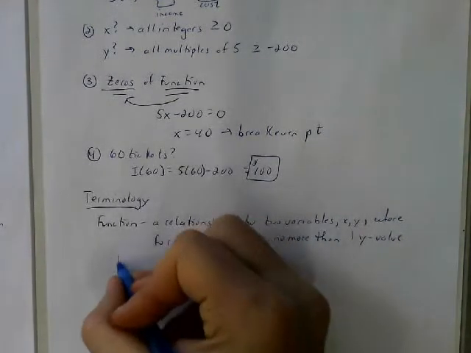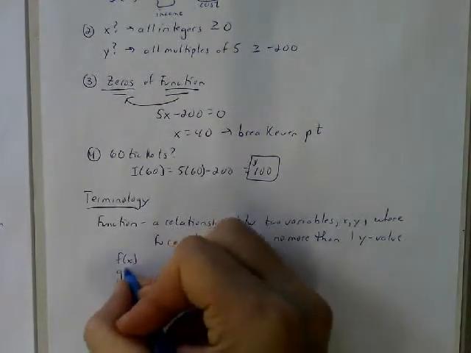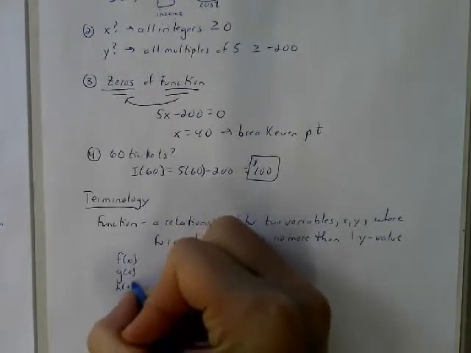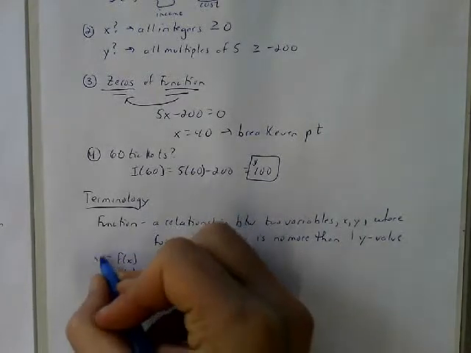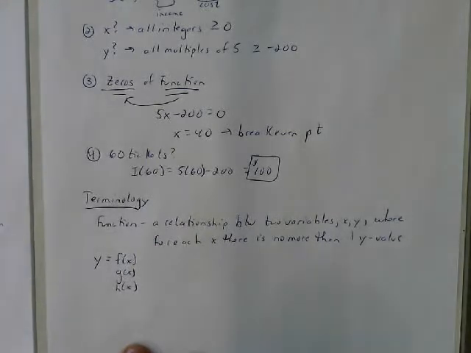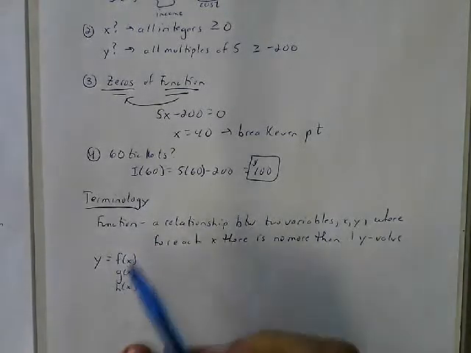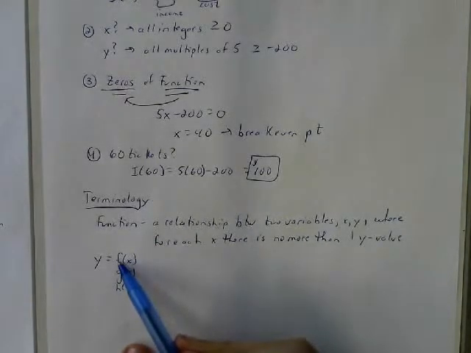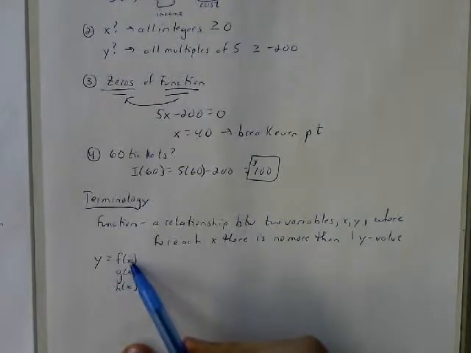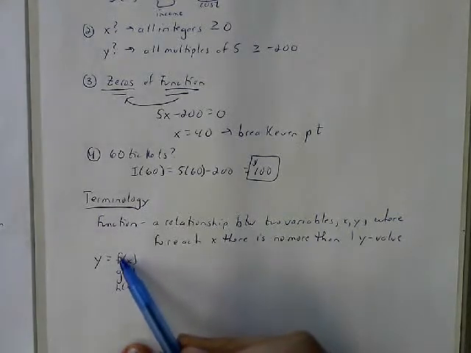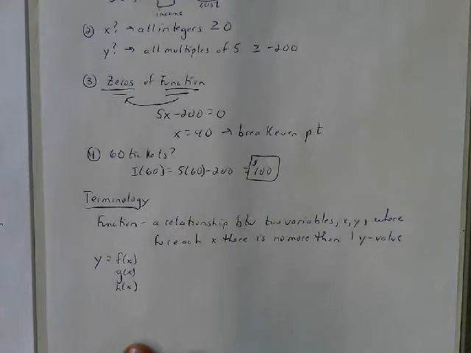And the notation that we use is f of x, g of x, h of x, and so forth. And remember, these are really just a replacement of y. This basically says that x is the independent variable, and we can plug it into the function f to get the dependent variable y.